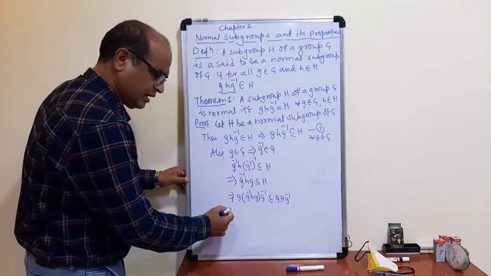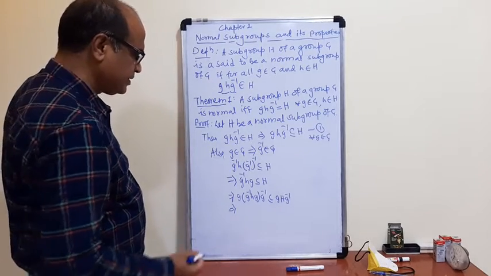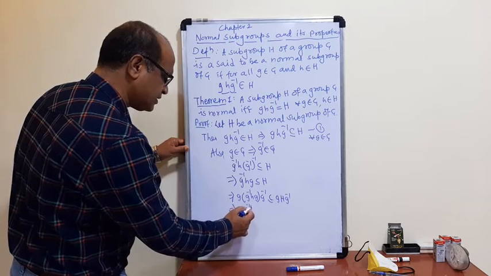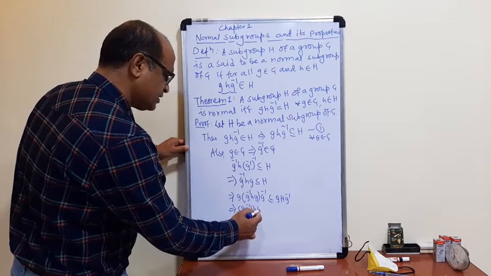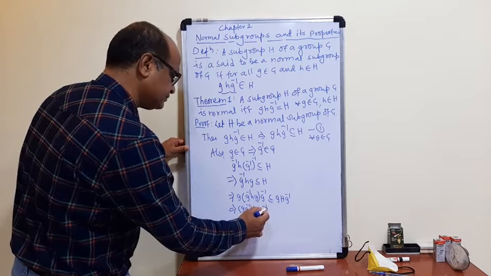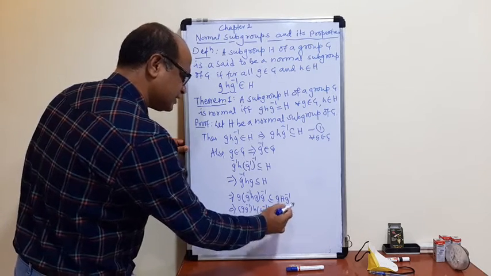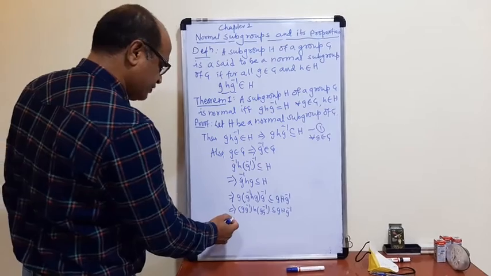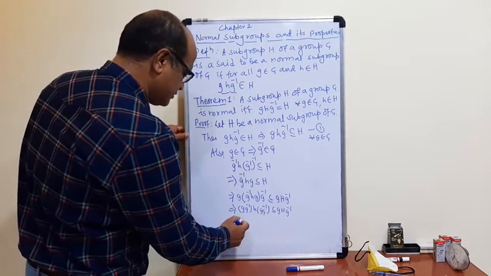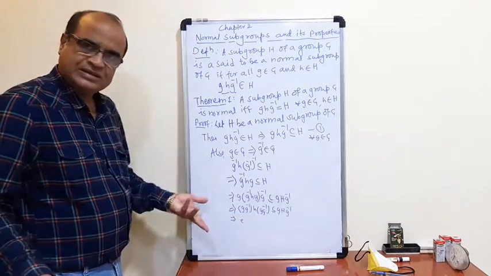Then what is g into g inverse? It is the identity element, by the properties of a group.